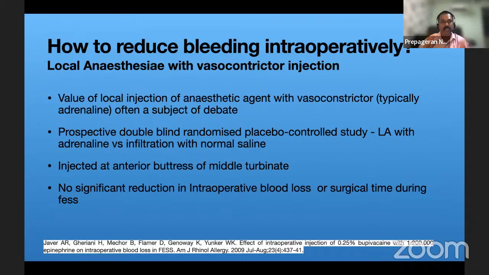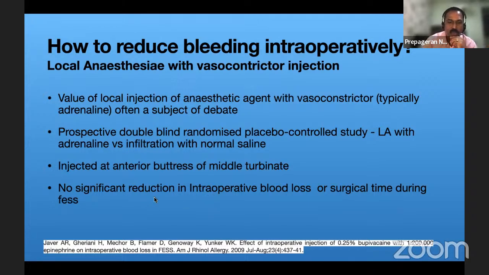How about injection of local anesthesia during surgery? Does it make a difference? Most of us at one point or another will inject a vasoconstrictor directly, usually adrenaline. And let's look at what the data are at the moment. A prospective double-blinded randomized placebo-controlled study. Infiltration with adrenaline and normal saline, and both of them were at the anterior buttress of middle turbinate.